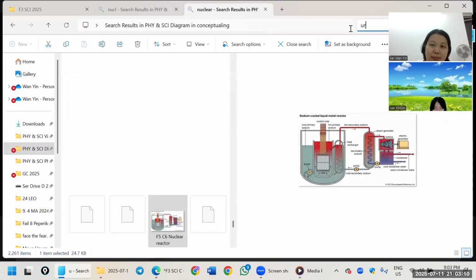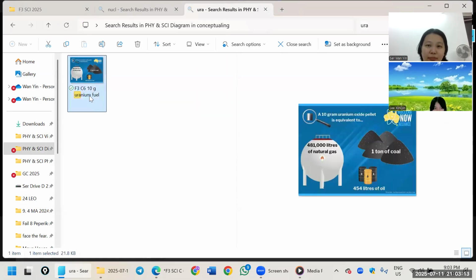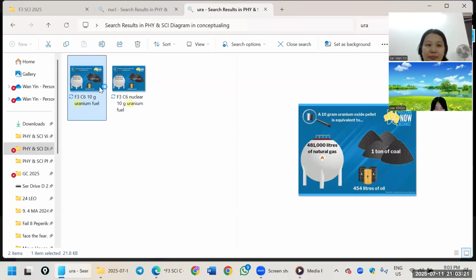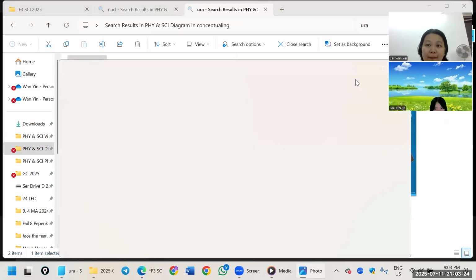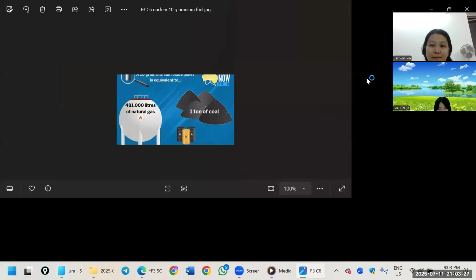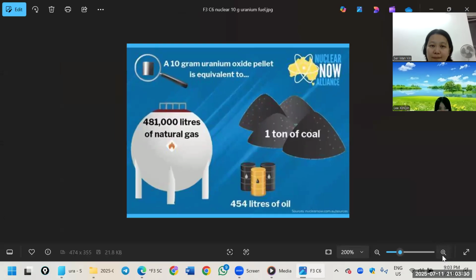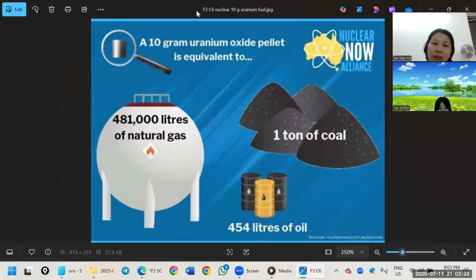And uranium. So we can say the nuclear power plant is a good energy source because it's not burning, so it won't produce carbon dioxide and smoke.